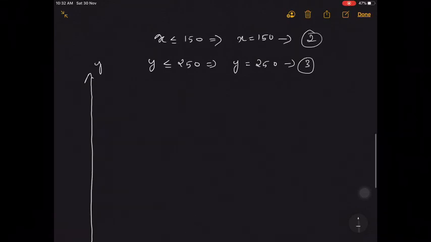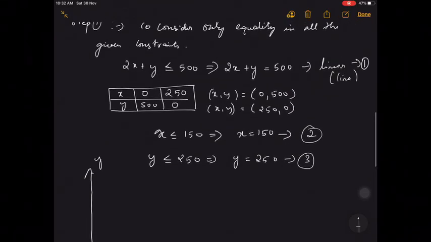Now let's look at the y-axis range. The maximum value for y is 500. If you look at this, 500.